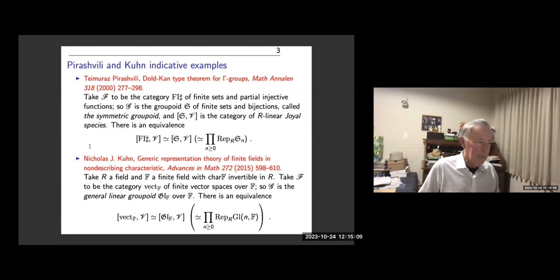But the amazing thing that Kuhn found was, as long as the field that you're taking the representations in, the vector spaces where you're taking the representations, as long as that field has the characteristic invertible in that field, then you've got this equivalence.